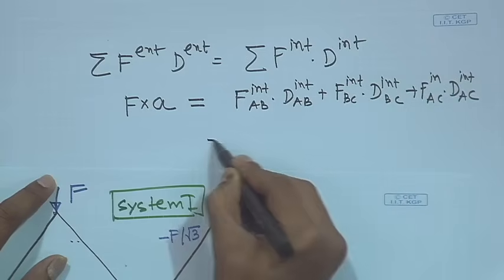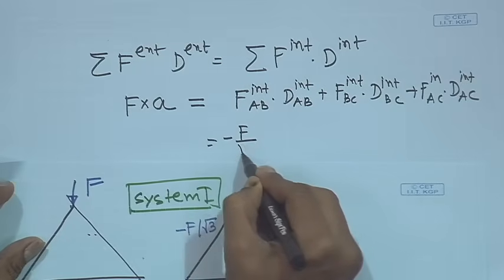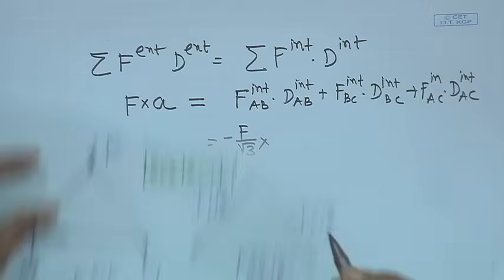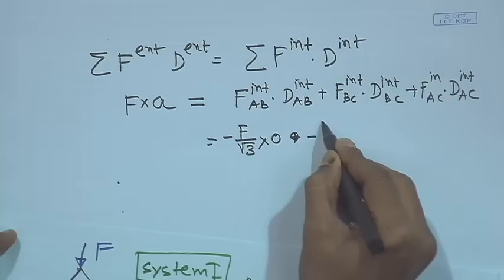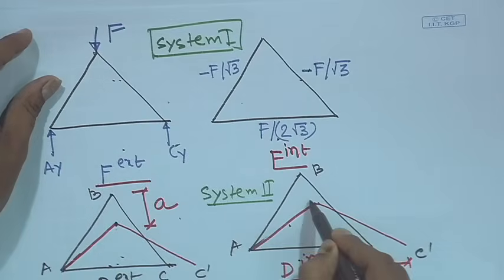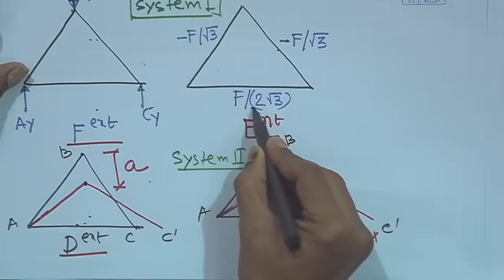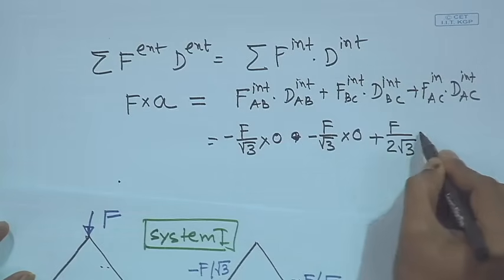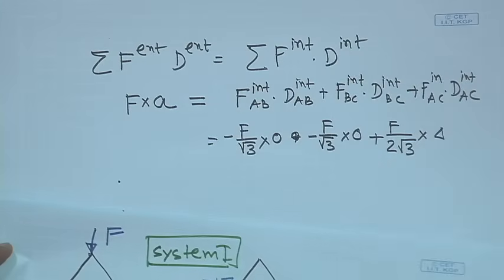Now, F internal is minus F by root 3, but D internal is 0 because there is no change in length of AB. Plus again minus F by root 3 and this is 0 because again there is no change in member BC. Then plus F by 2 root 3 into this distance, which is delta.